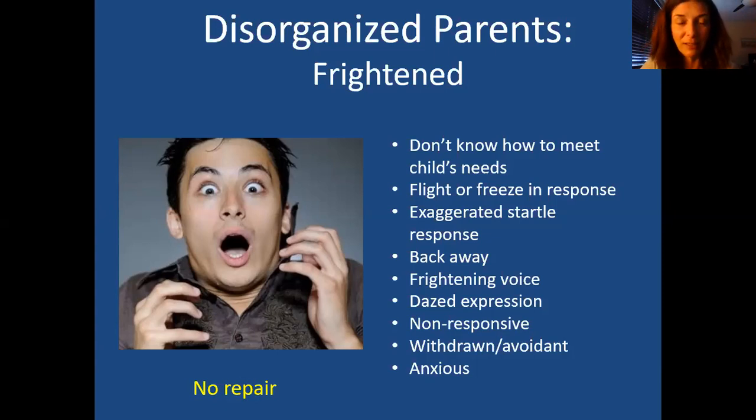They might have an exaggerated startle response, which could be a little frightening to the child. They might back away instead of coming close to a baby when the baby really needs them. They might speak in a frightening voice instead of a calm, prosodic voice. Their expression might be a little dazed, and that could be very disruptive, because babies need very responsive facial expressions and eye contact.